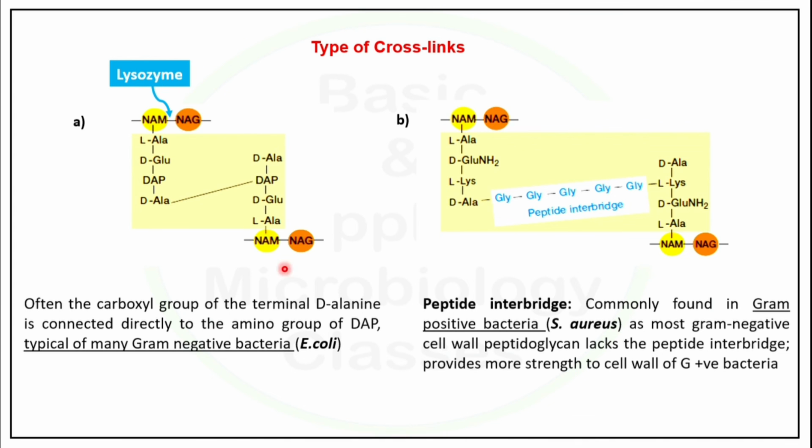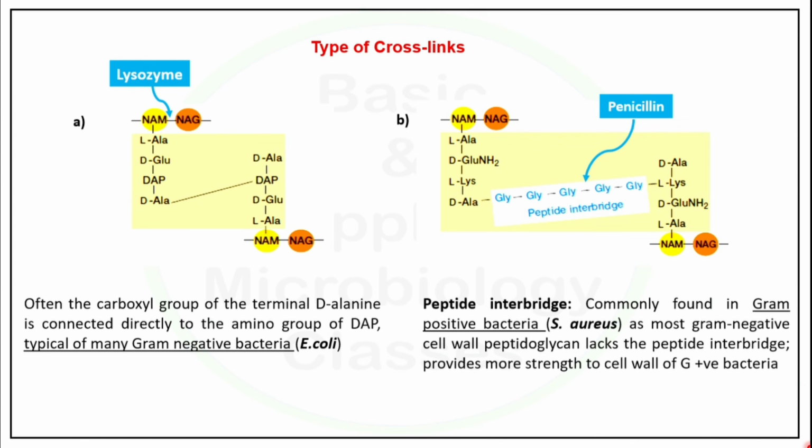One more point I would like to tell you about is penicillin. We all know penicillin is a wonder drug, discovered by Alexander Fleming. What is the mode of action of penicillin? It does not act on the breakdown of this bond. It acts on the disruption of this cross-linking. This cross-link formation is catalyzed by enzymes called transpeptidases.